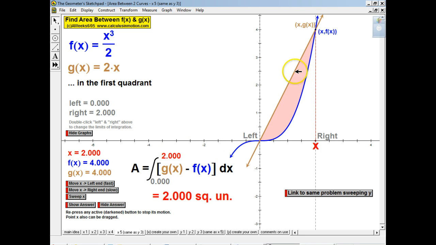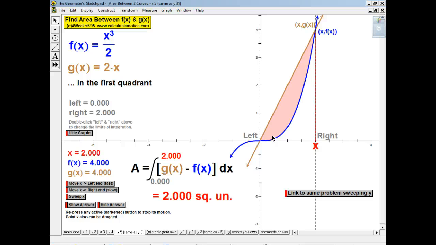Now, technically, we could separate this into two integrals: the integral from 0 to 2 of g of x minus the integral from 0 to 2 of f of x. But with our rules for integrals, we can go ahead and put these together.